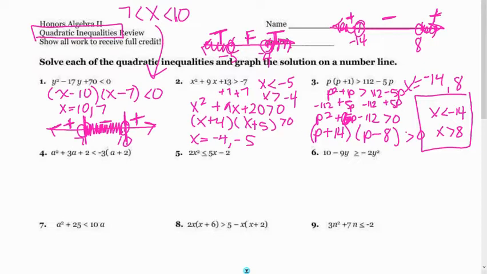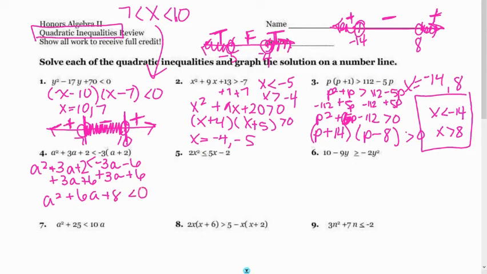Okay. Again, with this one, you need to distribute first. So you get negative 3a minus 6. And I'm going to add 3a to both sides. I'm going to add 6 to both sides. So I get a squared plus 6a plus 8 is less than 0. You need to factor first.